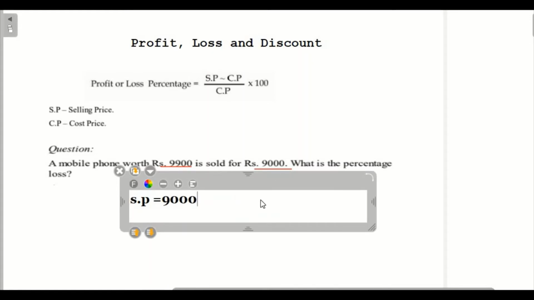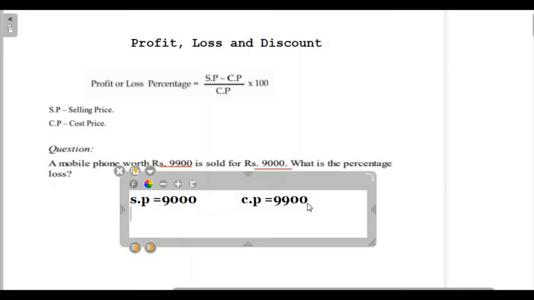So the cost price, CP, we have bought it for 9,900. So we have to calculate the percentage loss. So loss equal to 9,900 minus 9,000.